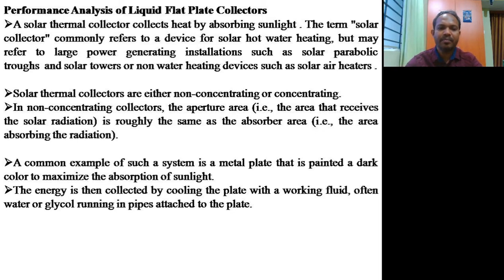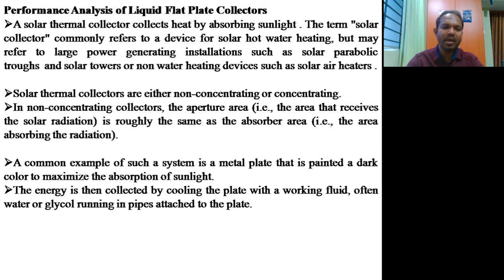In addition to that, because of its simple stationary design, it requires little maintenance. Its principal disadvantage is the absence of optical concentration. Actually, we cannot even call it a disadvantage, because we can overcome this with concentrating collectors. But in flat plate collectors, because they are placed flat, there will not be any reflections.